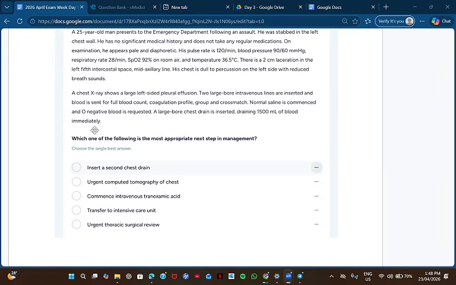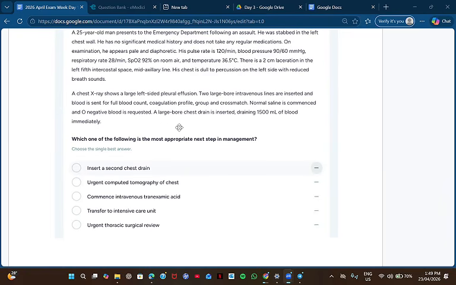Normal saline is commenced and O negative blood is requested. A large bore chest drain is inserted. They have already inserted the large bore chest drain, and the drainage is 1.5 liters of blood immediately. Then they are asking which one of the following is the appropriate next step in management.